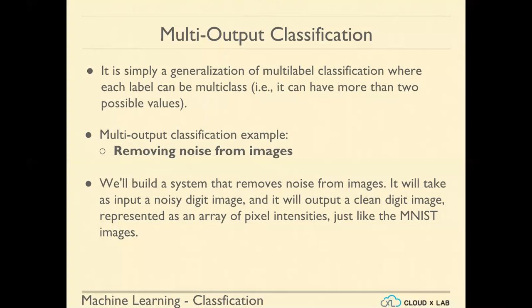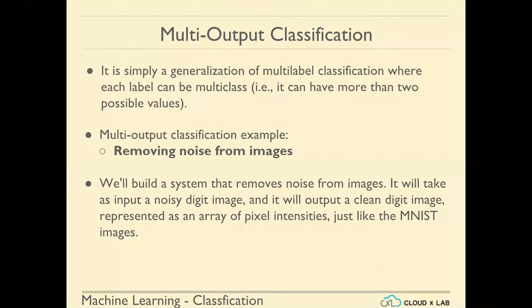It can have different values. Right now we only dealt with multi-labels where we were having an array of true and false, but sometimes each label can be multi-class. Each label could be some other value, right?